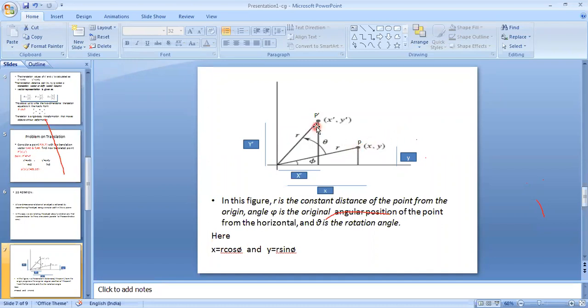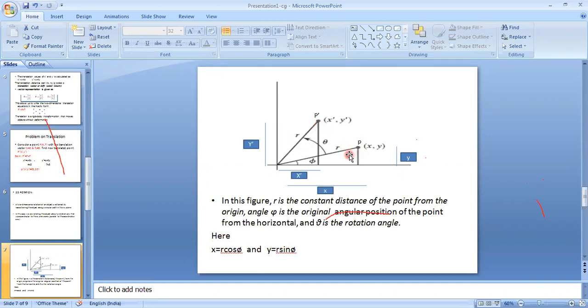Whenever I rotate my point, I find that the radius of my original point and the changed point is the same. Radius is the same means the distance is the same, there is no change in the distance. A change in the distance means translation. Here there is no change in the distance; the change is with respect to the angle of my object.